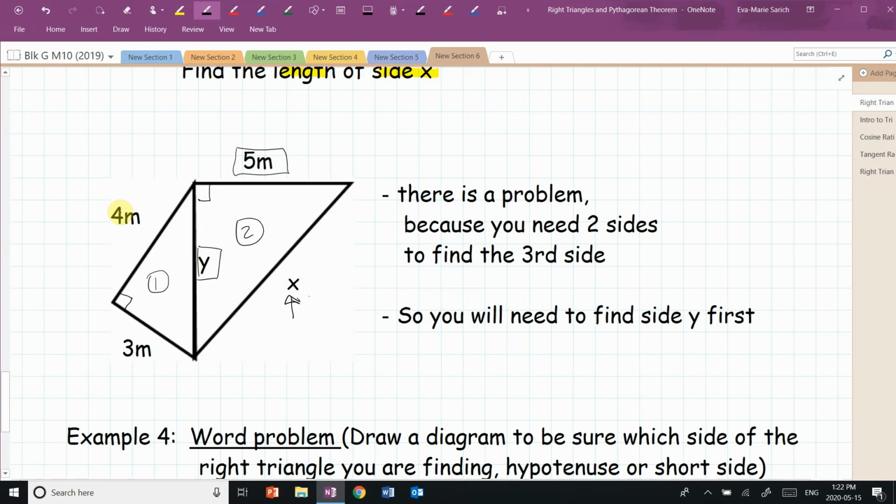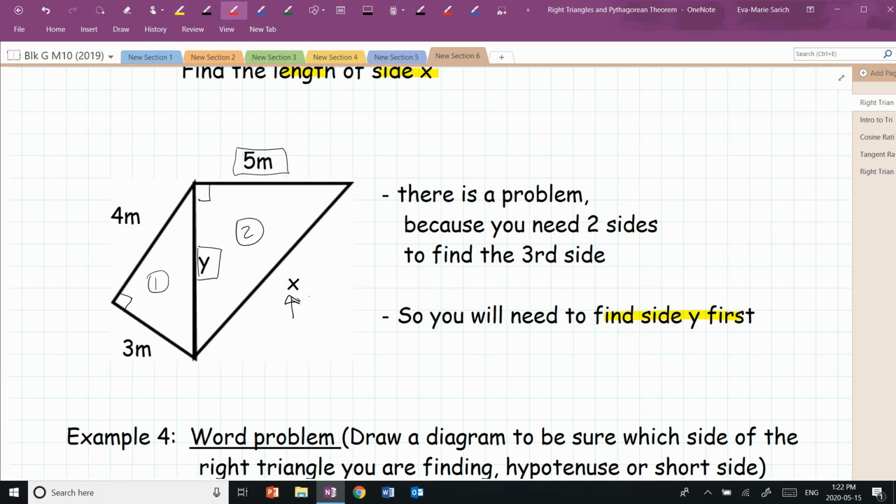And if we can use the 2 given sides on the first triangle to figure out its unknown, then we can figure that side and use that one and this one to figure out this. So there is a problem because you need 2 sides to find the third side. So we will need to find side y first. Okay? So let's do that.